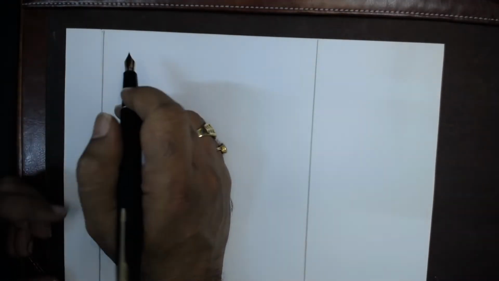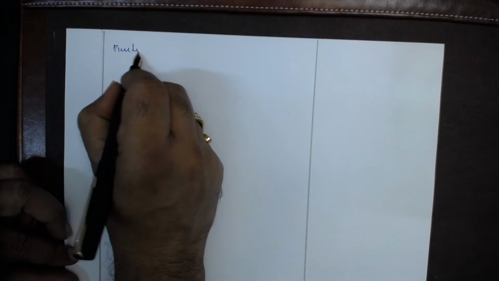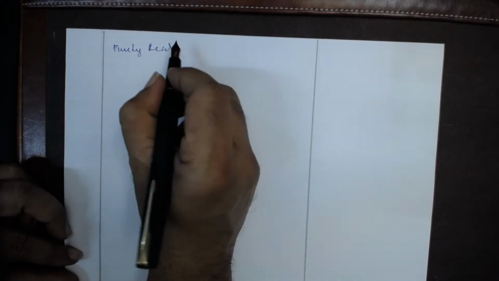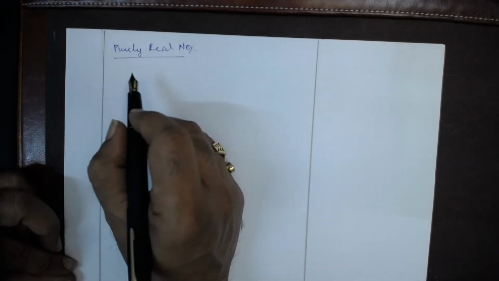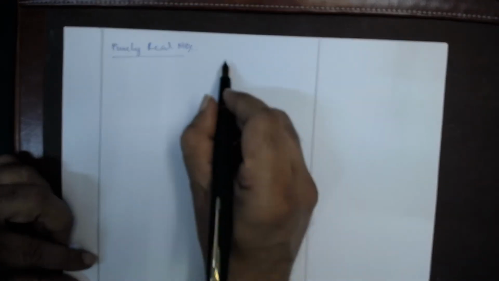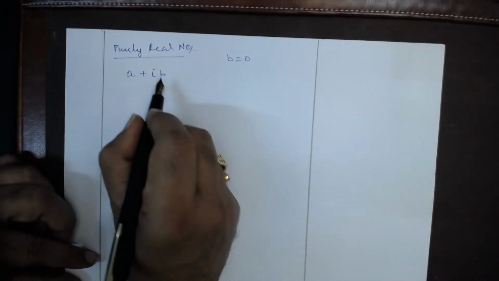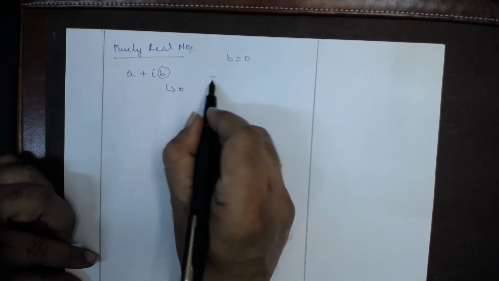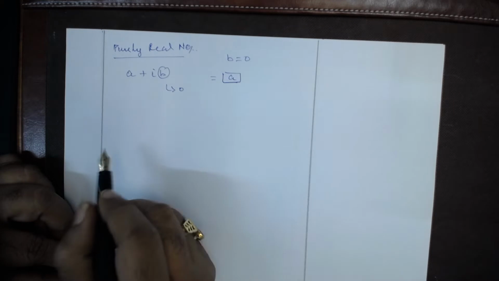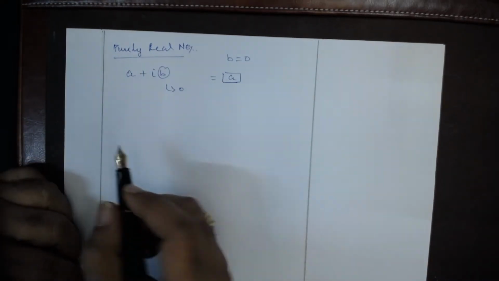Purely a real number. In this case, B is equal to 0. It means A plus IB, so when IB is equal to 0, that results only in A. So it is called the purely real number.